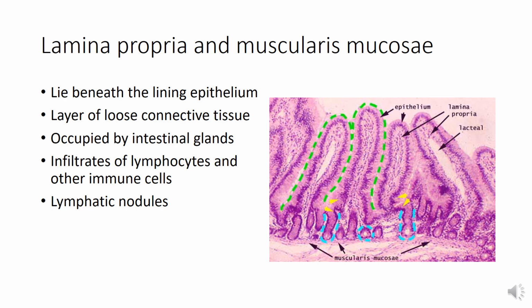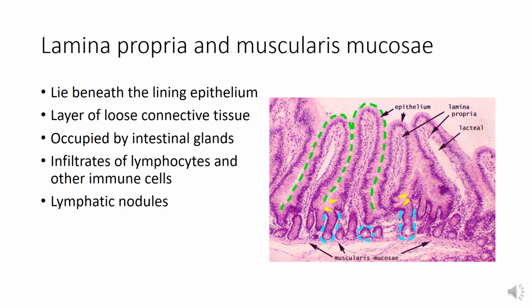The lamina propria and the muscularis mucosae are the second and third parts of the mucosa of the small intestine. Now the lamina propria lies beneath the lining epithelium, and it consists of a layer of loose connective tissue, and this also extends into the cores of the intestinal villi.